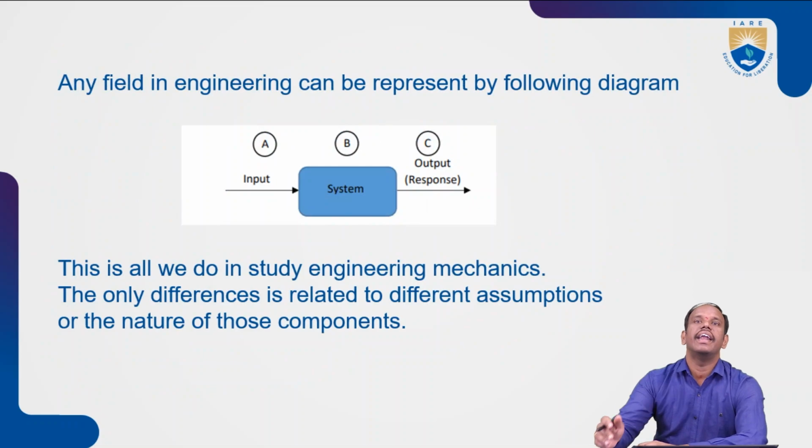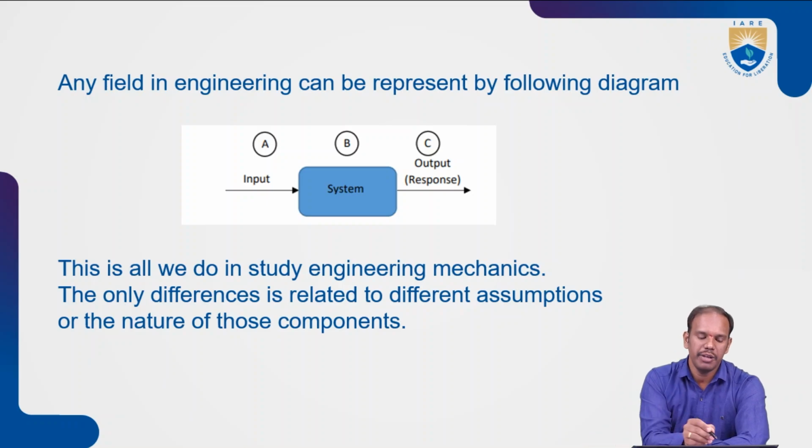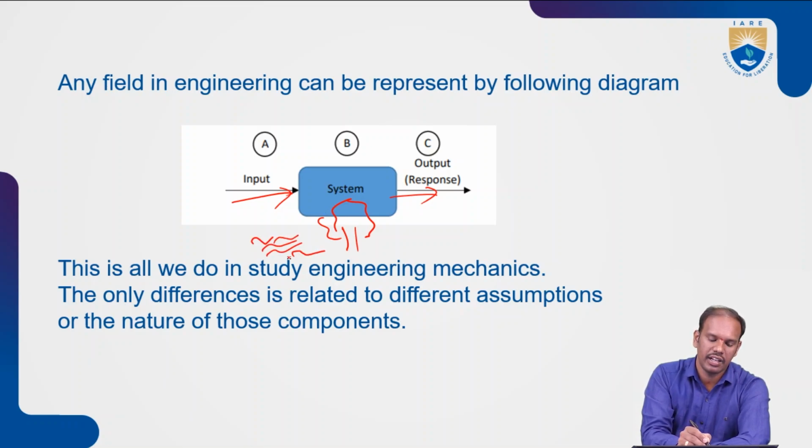Now, any field of engineering can be represented in the following way: if there is a system and we give an input to the system, it will give an output. Like if there is a tree, and we give water, air and nutrition, then it will give a fruit, right?